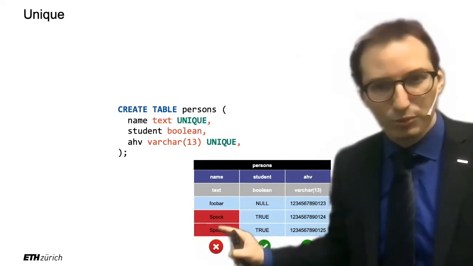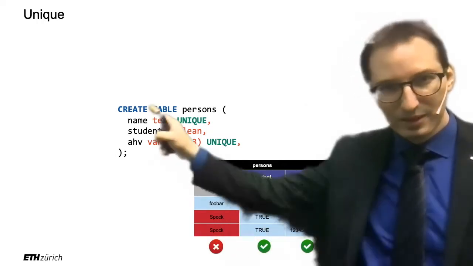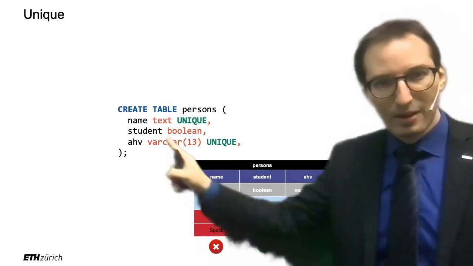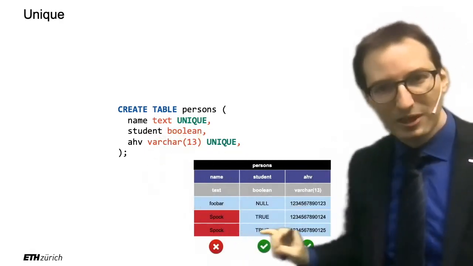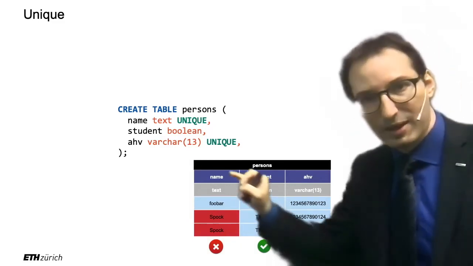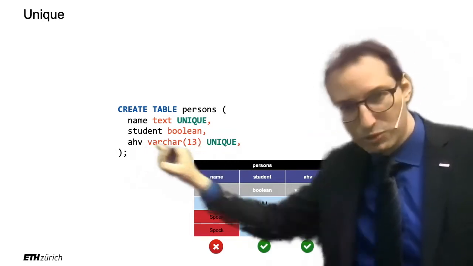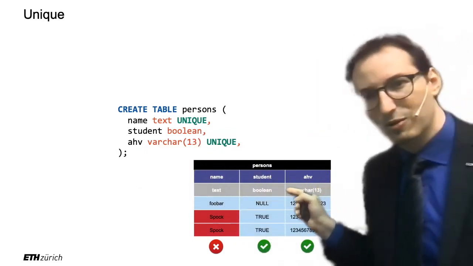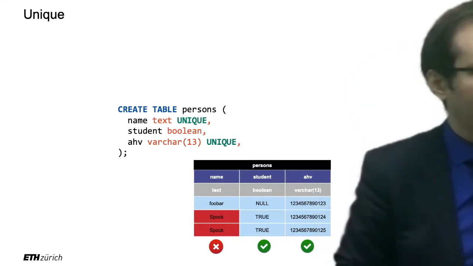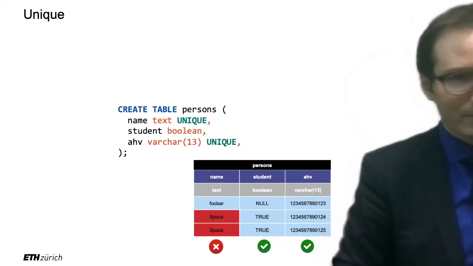It will not let you do that. You have twice Spock in name, but if you say unique, that will be forbidden, right? That can never happen. Student doesn't have unique, so you can have here true, and that's fine, right? And here, AHV, so that's the social security number in Switzerland, would also be unique, but here you can see they're all unique, so this is fine, right? Does it make sense? All right.